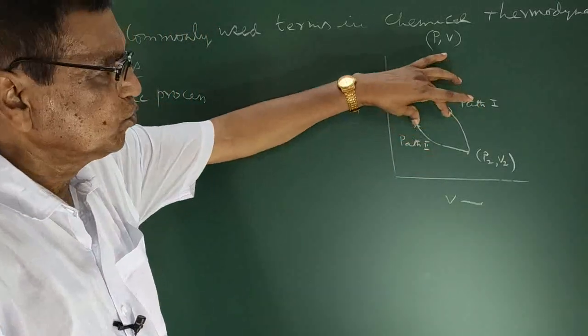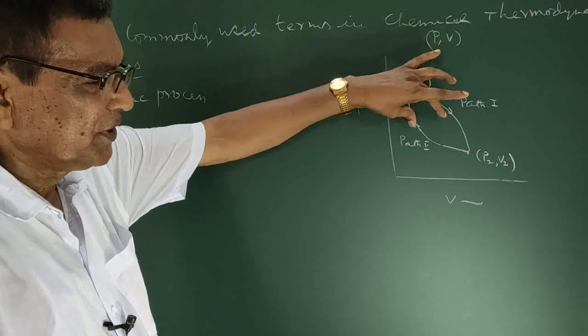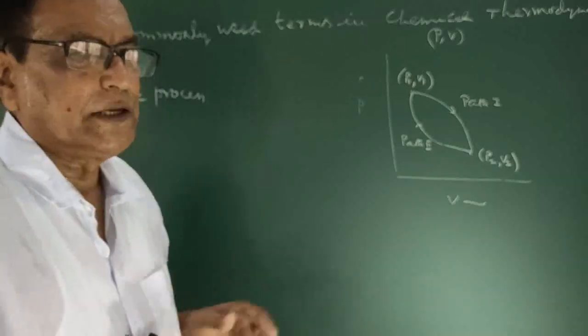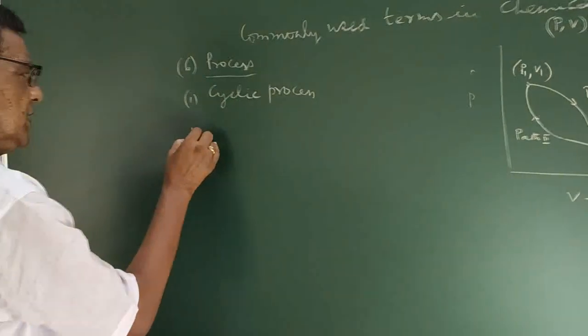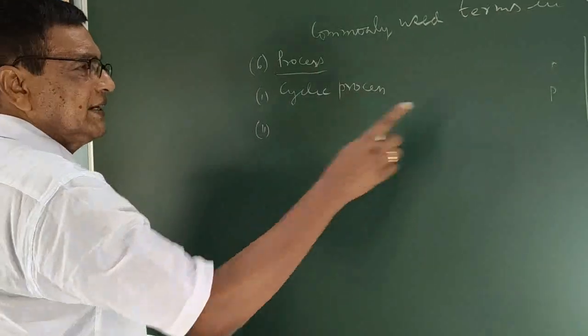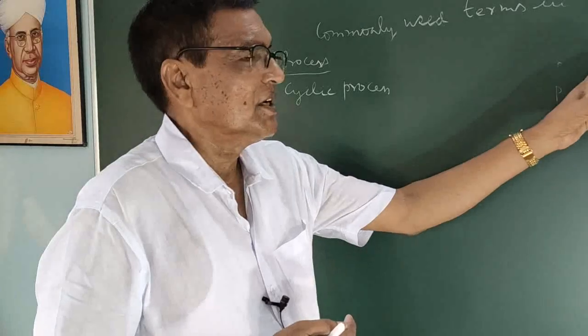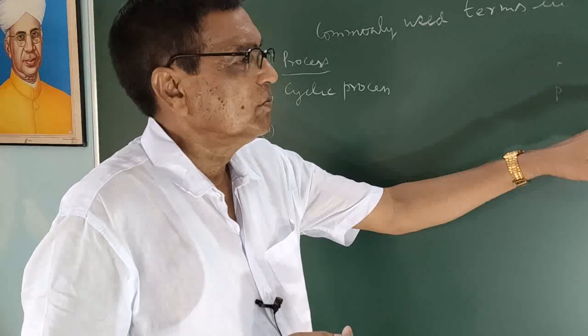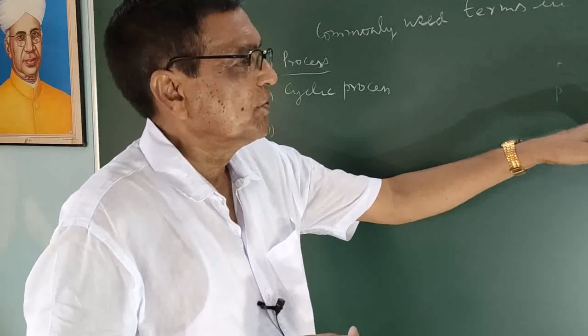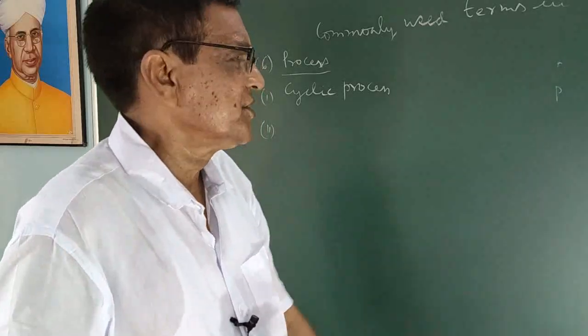These two paths together we call the cyclic process. In a cyclic process, the state variables remain fixed: temperature, pressure, and volume all remain fixed whenever it comes back to its original state.